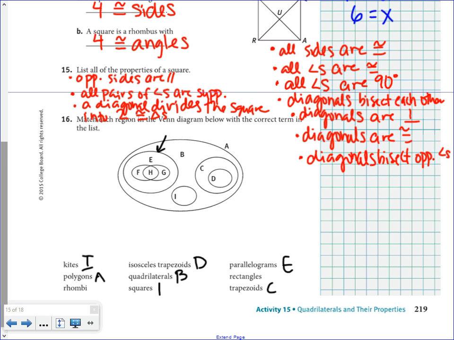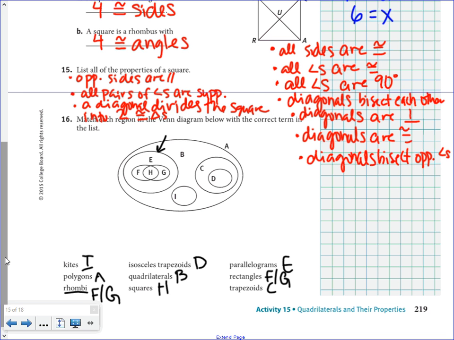Square is H. And then rhombus you can put as F or G, and rectangle you would put as the other one, because they overlap to make the square. Some people say rhombi, some people say rhombuses. Doesn't really matter. It's the same figure. But that's what they were looking at with the Venn diagram.